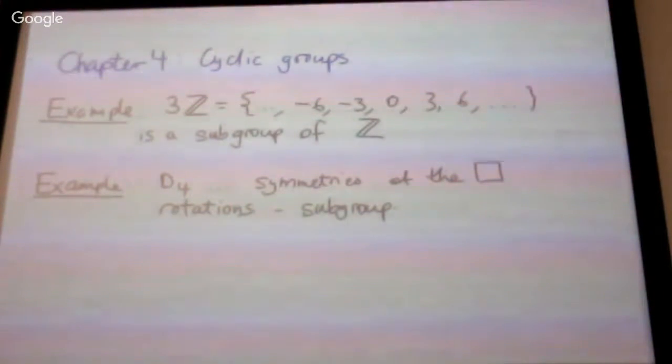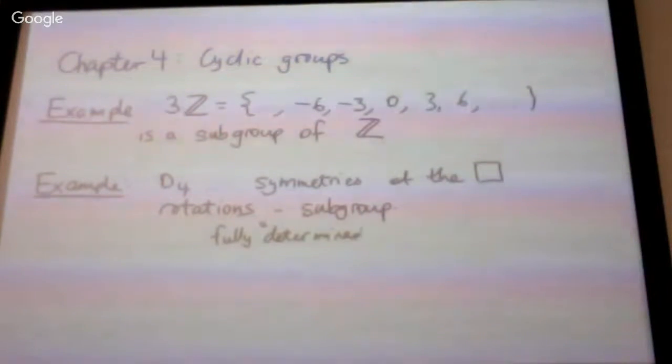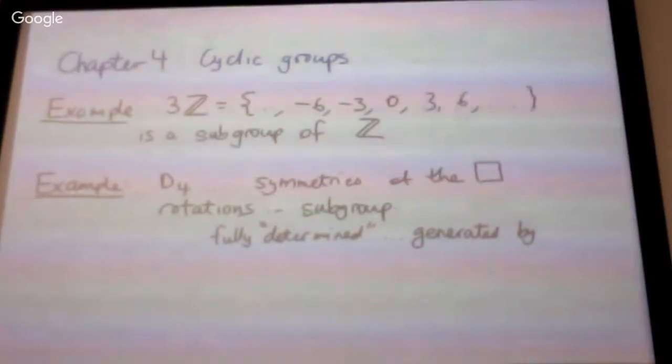Again, this subgroup is fully determined, the proper word is generated, by the 90-degree rotation.